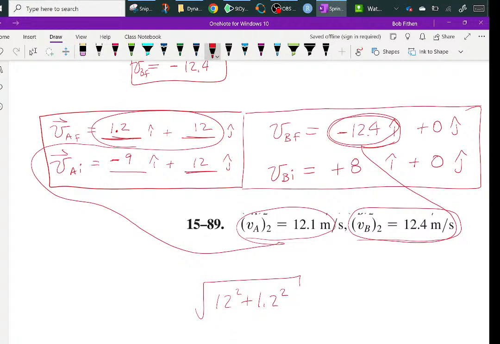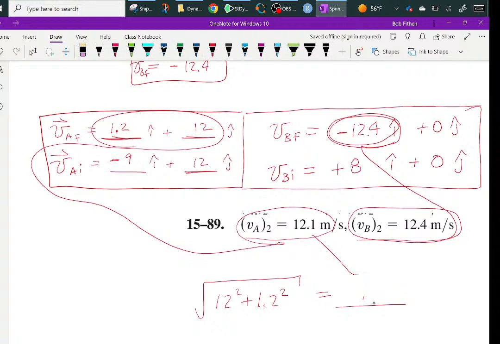Let's just see if this thing will do this. Sometimes it will, sometimes it won't. I get 12.06. So I'm going to claim that those are close enough.